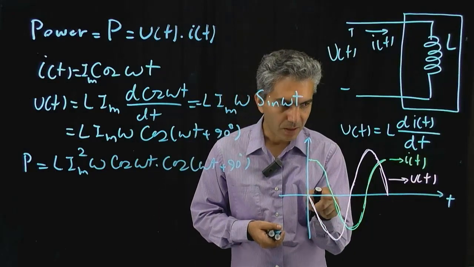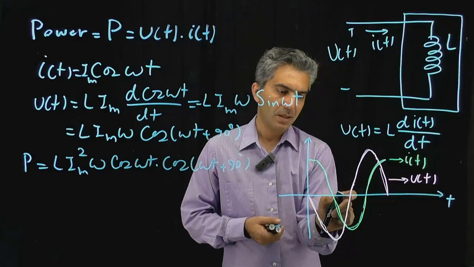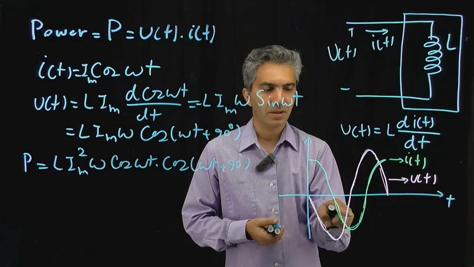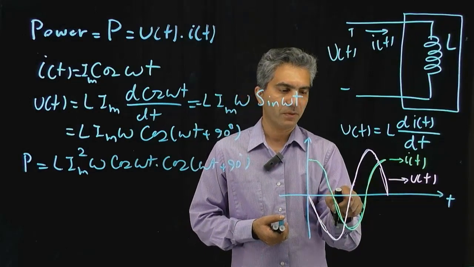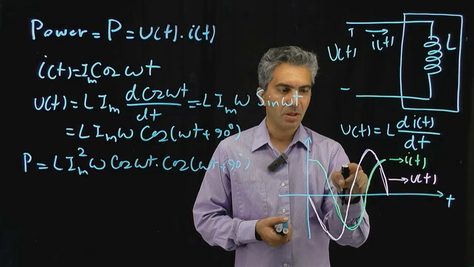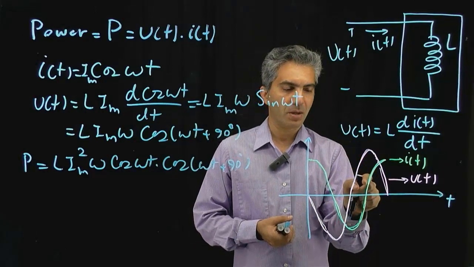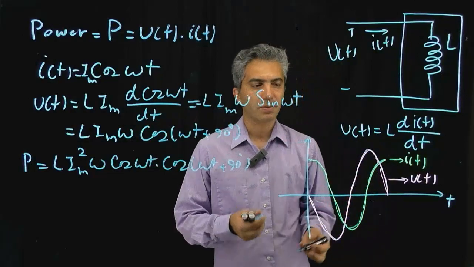But between the current being 0 and the voltage being 0 again in the next portion, both voltage and current are negative, so when you multiply them by each other it becomes positive. Then from this one to this one, voltage is positive, the current is negative, so the power again becomes negative, and then from this 0 to that 0 it becomes positive again.